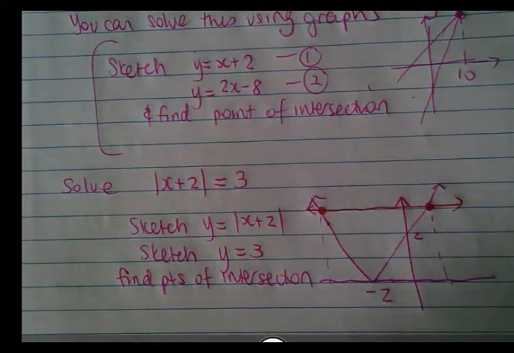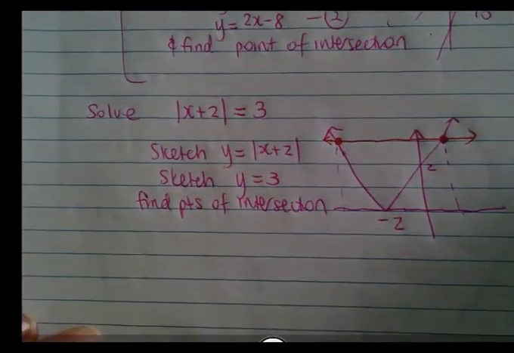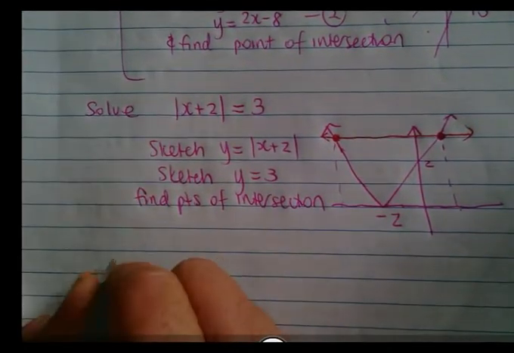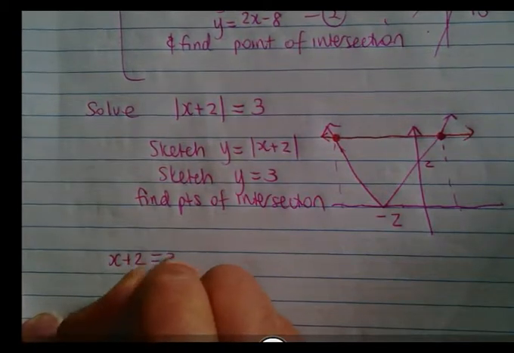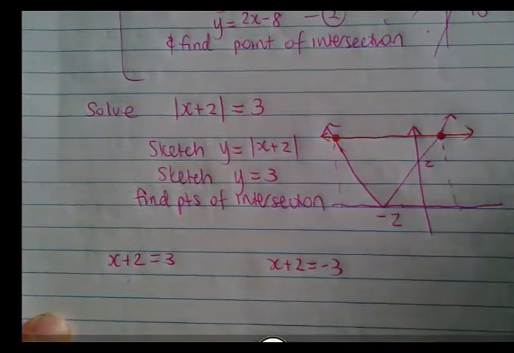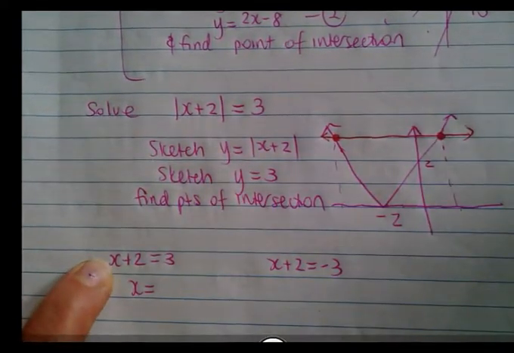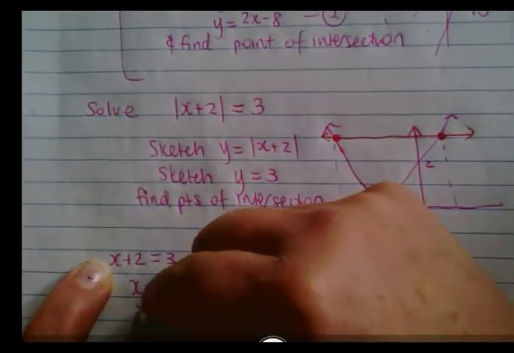Now, I can tell what they are by solving that. Do you remember how we solved it? x plus 2 is 3 and solve it. Or x plus 2 is negative 3 and solve that. Let's see. What do you get for this one? What would x be? Yeah, it's 3 minus 2, which is 1.